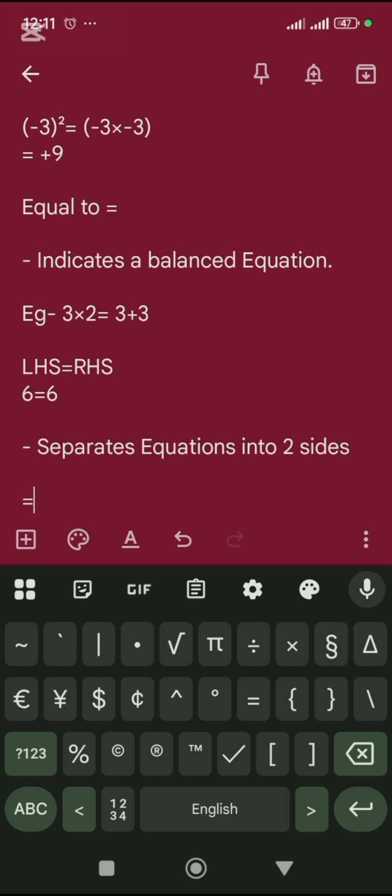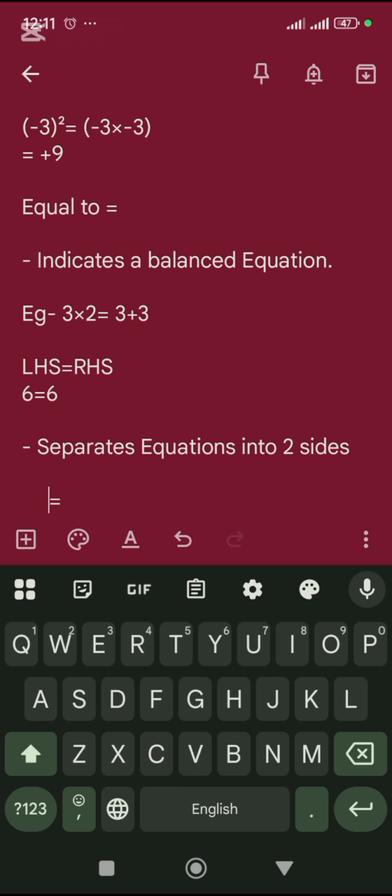All that you have here where the cursor is blinking is the left hand side. All that you have here is the right hand side. And so the equal to sign helps you to separate equations into the left and the right hand side.